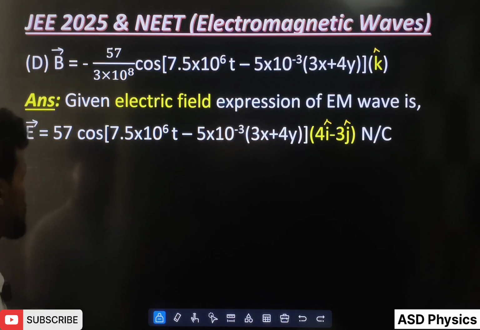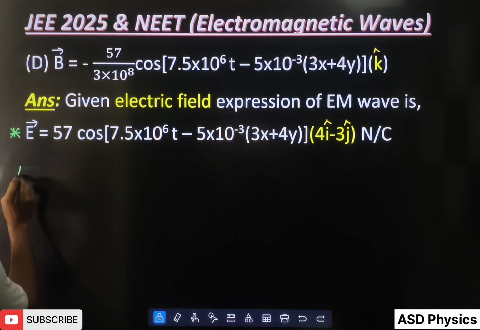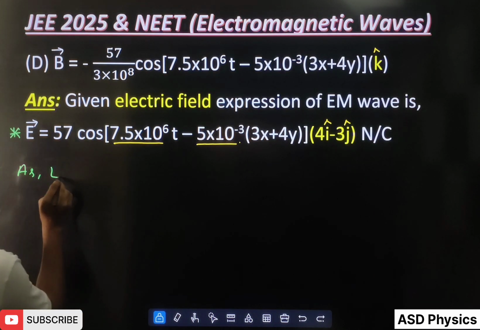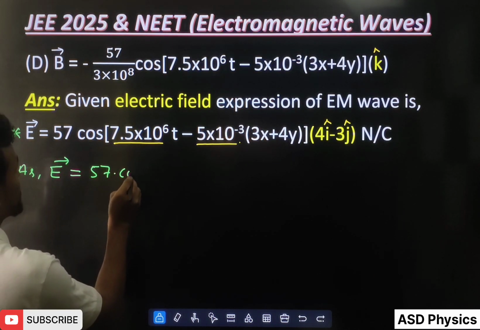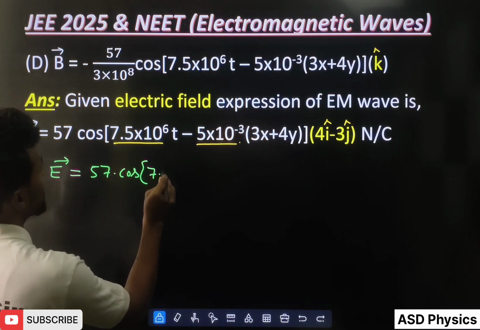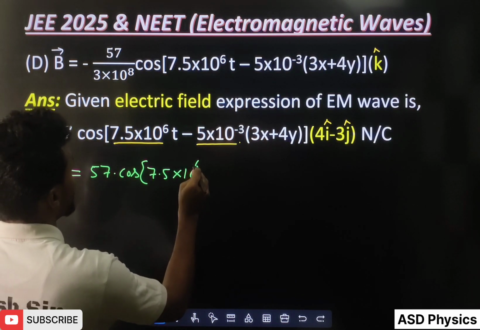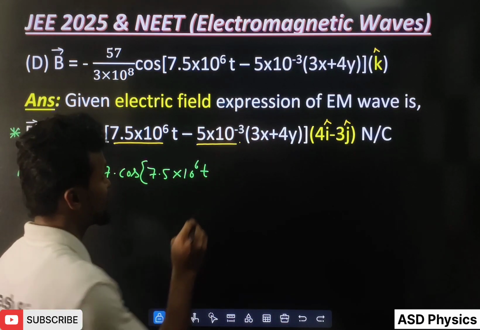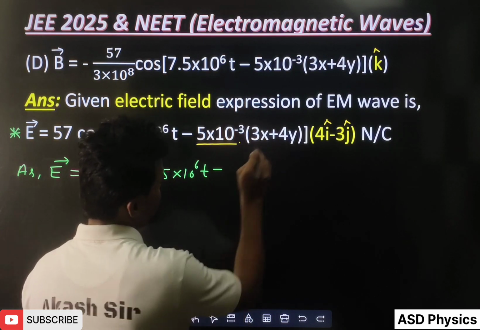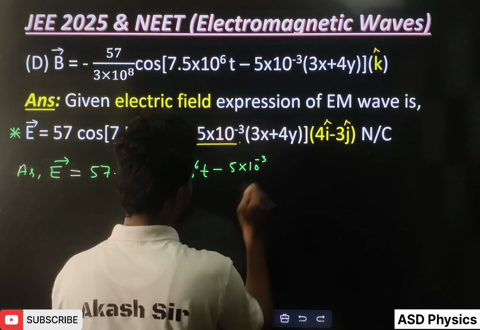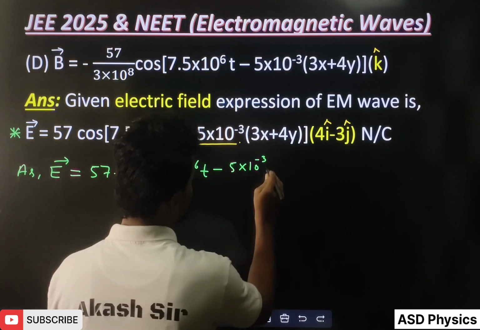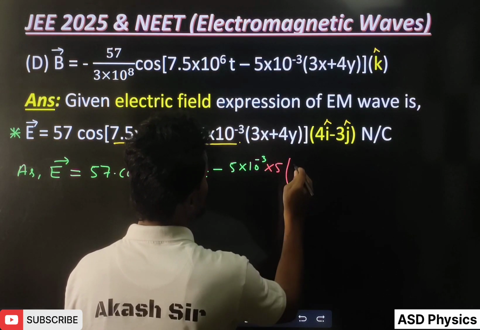Students, if I compare here, I will write vector E equal to 5 into cos, let me write first, 7.5 into 10 to the power 6, in this way, minus, okay. So here 5 into 10 to the power minus 3, I will multiply with 5 because I have to get the unit vector direction.